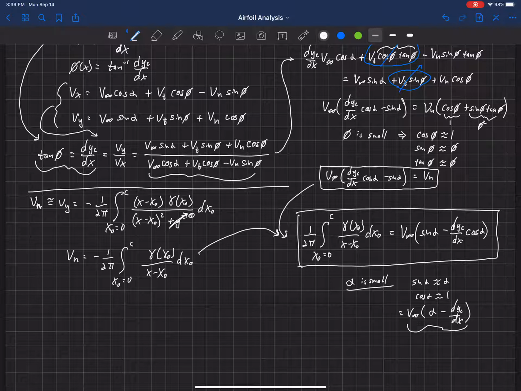Okay, the second thing I want to point out is that our next job is going to be to find these gamma distributions that satisfy this equation. But we have one piece of information that's going to help us, and that's called the Kutta condition.